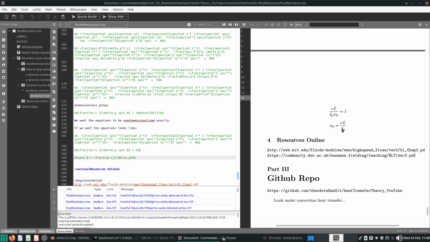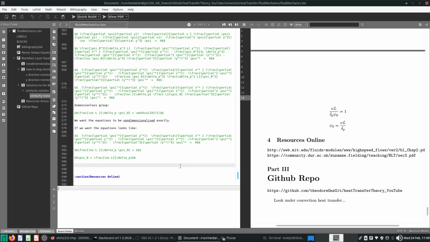Here we still don't really know what delta p is. Delta p is still something we want to calculate. Let's put it in terms of variables that we know. L is something we can consider an independent variable. Nu is also an independent variable. Delta p is not really an independent variable per se, because it depends on the length of your flat plate.